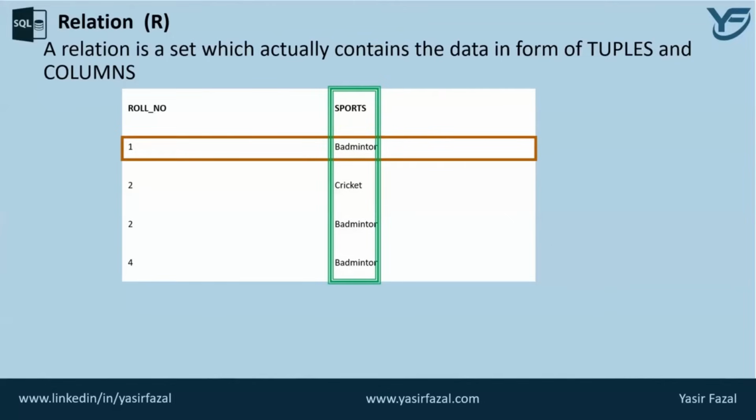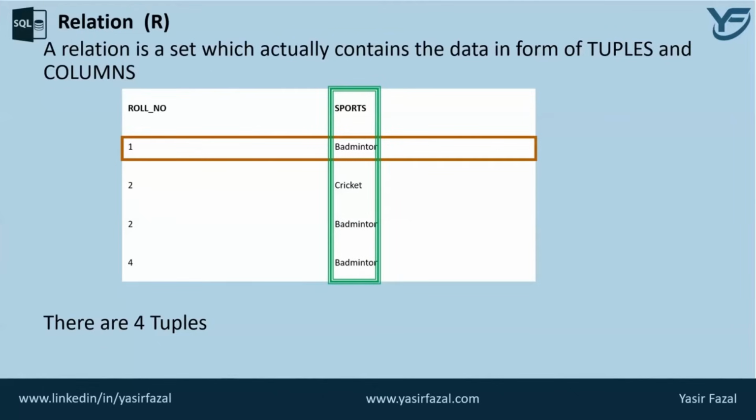So the vertical lines are basically columns, and the horizontal lines in the relation are basically tuples. You can see that there are four tuples. The first tuple contains badminton, then cricket, then badminton again, and badminton again. But the roll numbers are creating a unique pair.